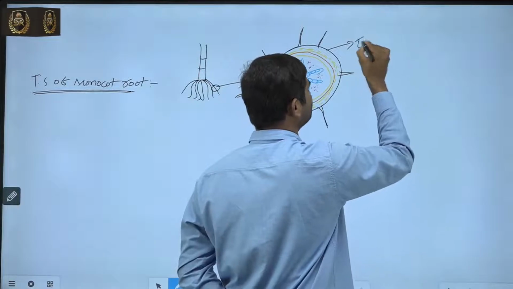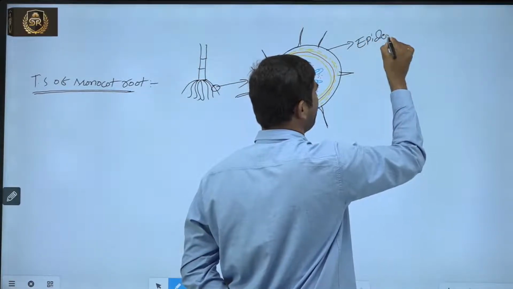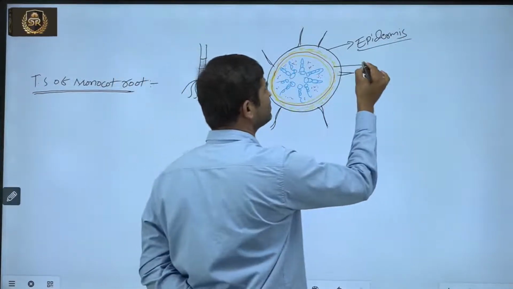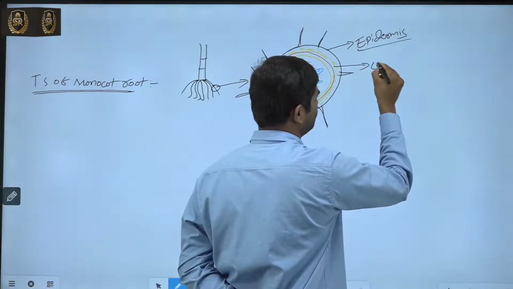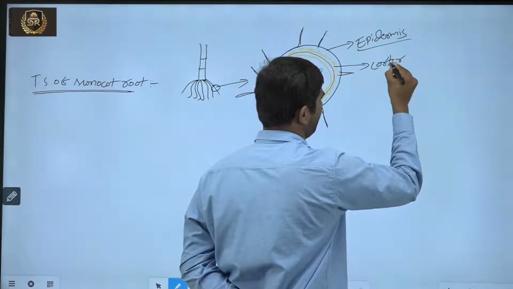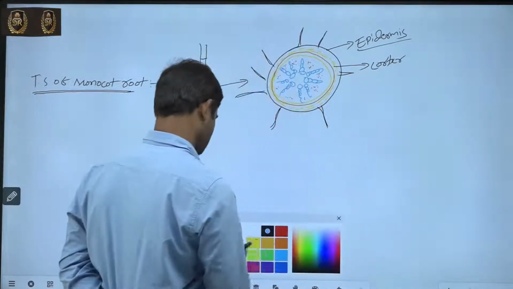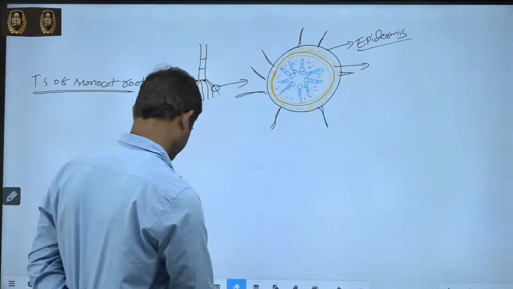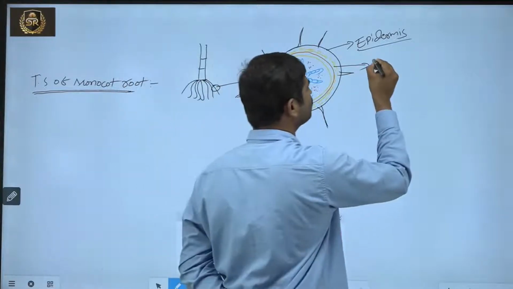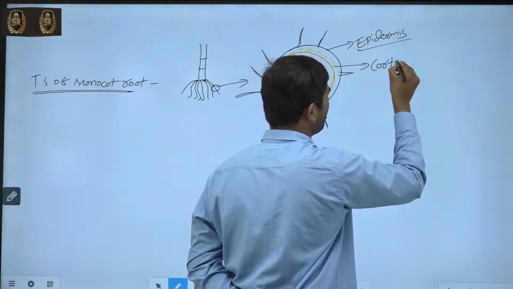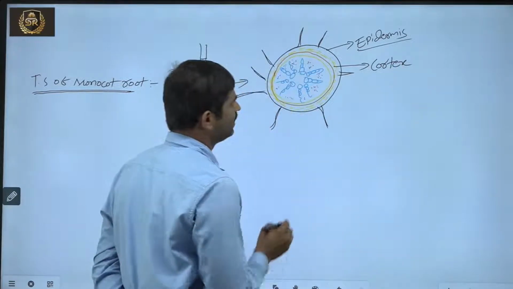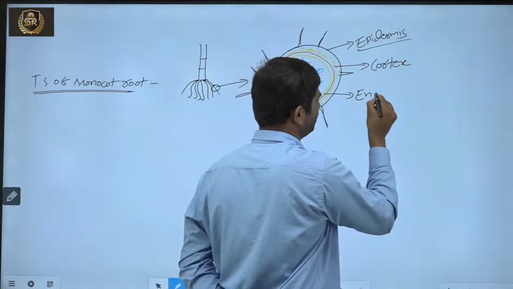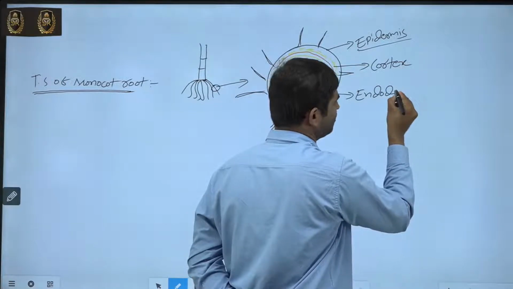The second part is called the cortex. Next one, endodermis.